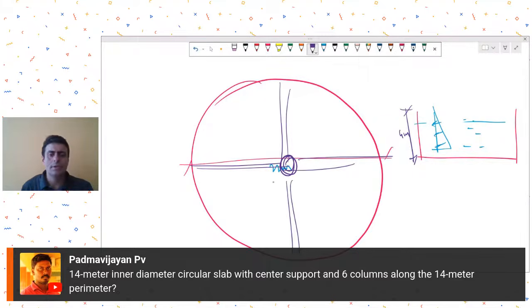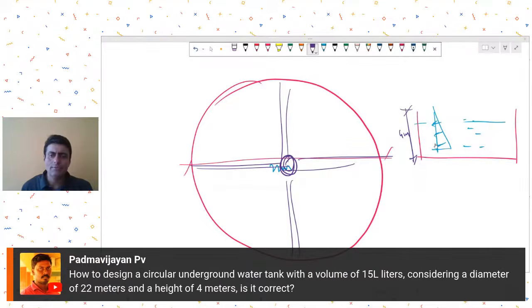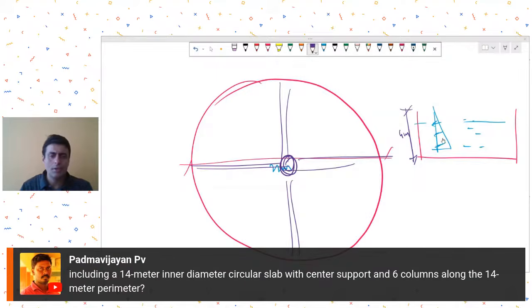I would say if you are only having one central column, it is not appropriate. My suggestion to you would be, with center support and 6 columns along the 14-meter perimeter. Maybe a sketch will be more helpful rather than just writing over here.